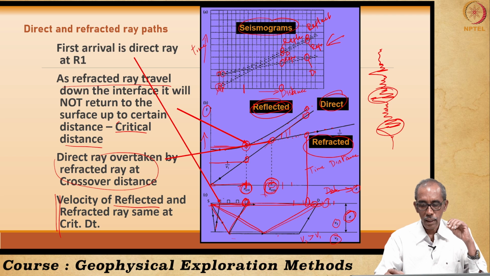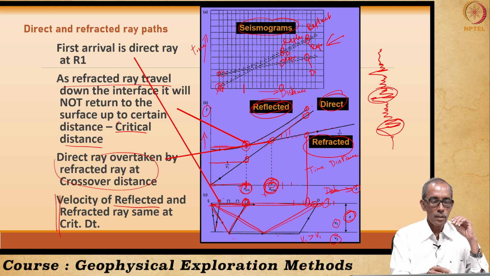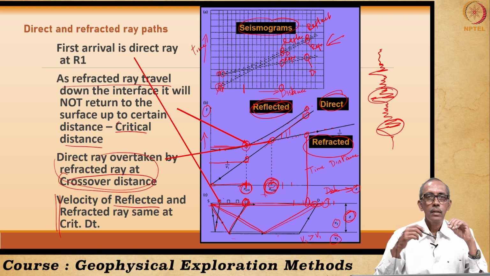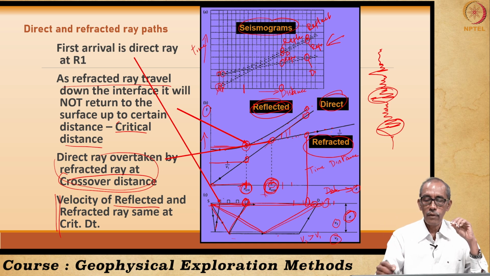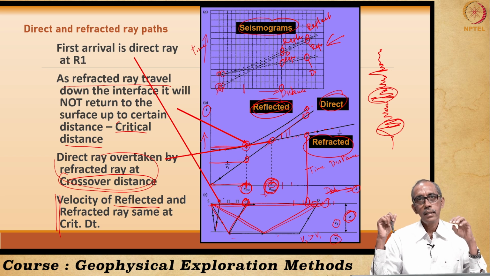Then we have seen one more thing which is known as crossover distance. Crossover distance is the distance at which reflected signals as well as direct signals are overtaken by the refracted signals, right. Very simply, refraction overtakes the direct rays. That is what is known as crossover distance.